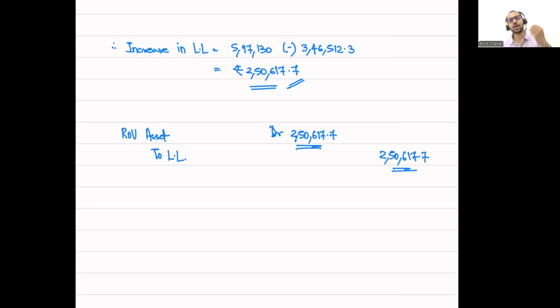Correspondingly, we increase the ROU asset also by 2,50,617. ROU asset is also increasing because I now have the right to use that asset for an additional period of 4 years. Therefore, my value of that right is increasing. The right of use asset is increasing because I have the right to use this building for another 4 years.